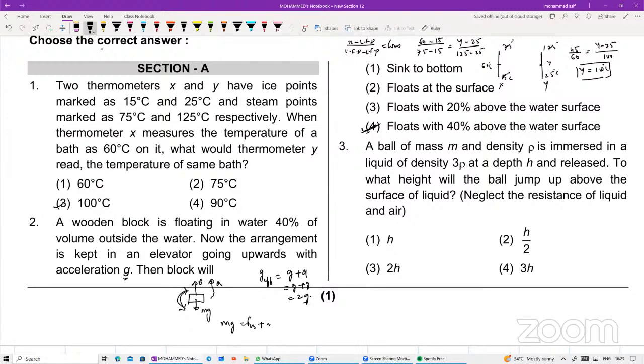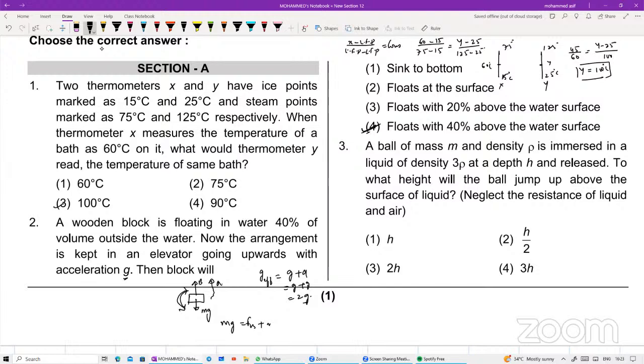Fourth option. Clear? Sure. A ball of mass m and density rho is immersed in a liquid of density 3 rho at a depth of h and released. To what height will the ball jump above the surface of the liquid? Again, good question, beta.